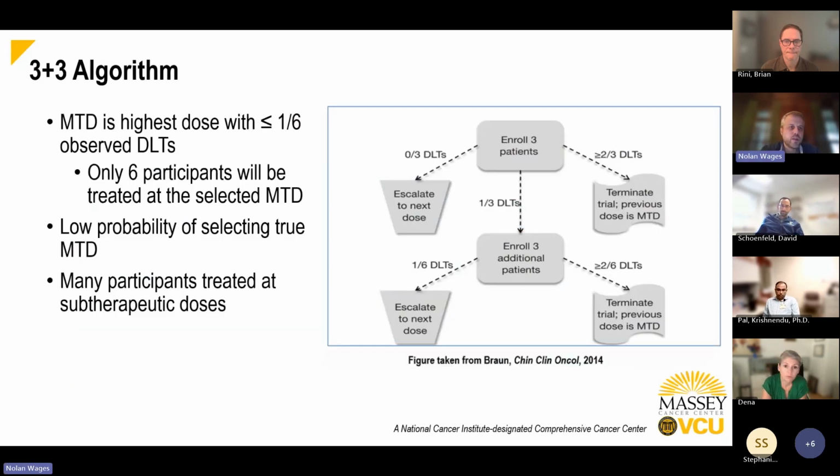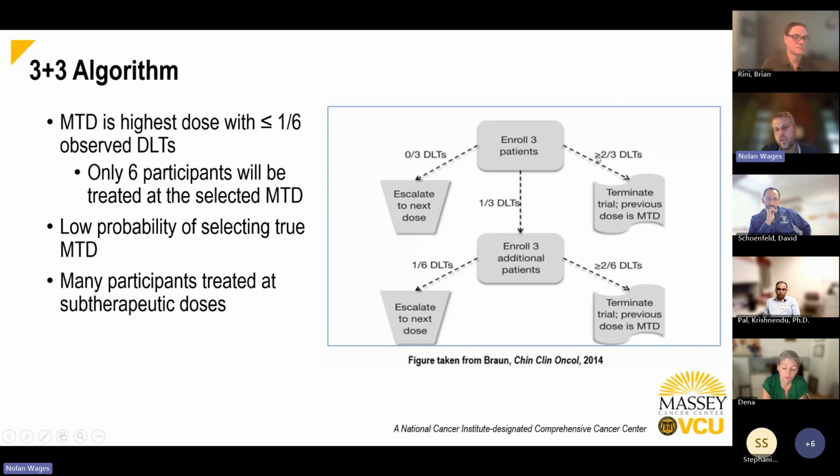So here's how the 3+3 works. On the right, you'll see a schema for how this works. We're going to enroll 3 patients on our starting dose level, or on whichever dose level we're currently accruing patients, and then make one of 3 decisions based on the number of DLTs we see in that cohort of 3.